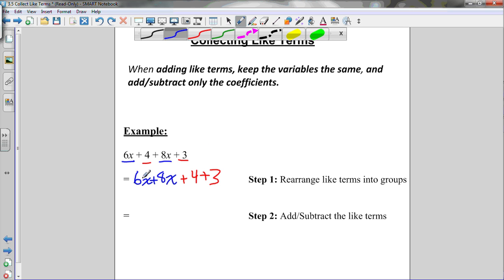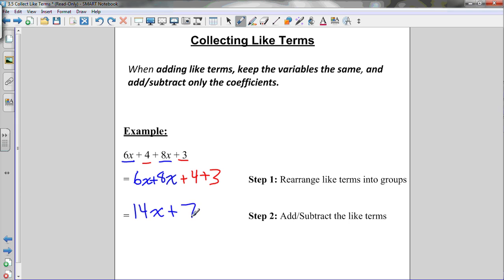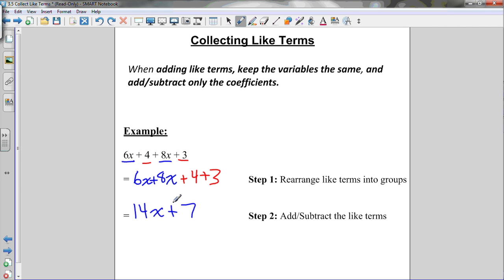Now I'm going to simplify all of my like terms. So I have a 6x. So if I have 6 x's, and then I add 8 x's to that group, I now have 14 x's. And then if I have 4 plus 3, well, I know 4 plus 3 is 7. So this simplifies to 14x plus 7. So you'll notice when I collected my like terms, when I did 6x plus 8x, I didn't change the variable or the exponent on the variable at all.